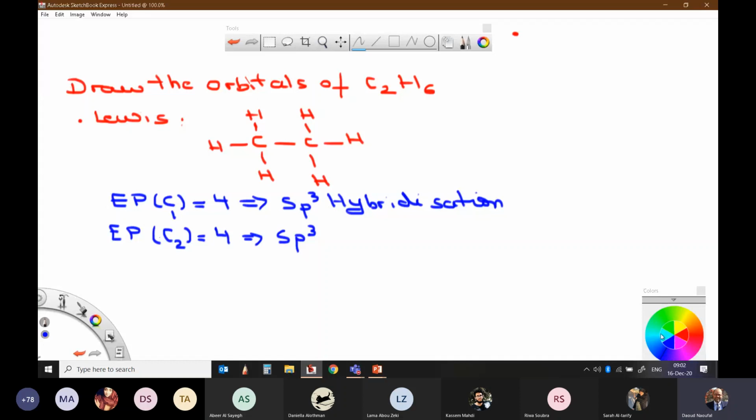That means around the first carbon, I have 4 sp3. This is the first, this is the second, the third, and the fourth. In each orbital, I have one single.